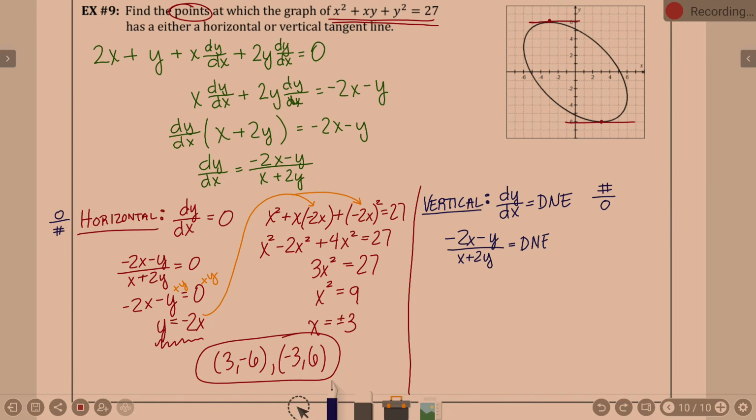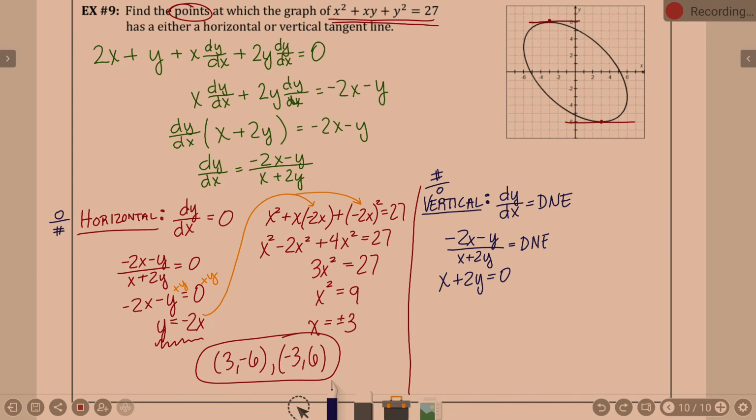Now it's the denominator equal to 0. So we're going to set our denominator, x plus 2y, equals 0. Based on our original equation, it's probably still going to be easiest to solve this for y.